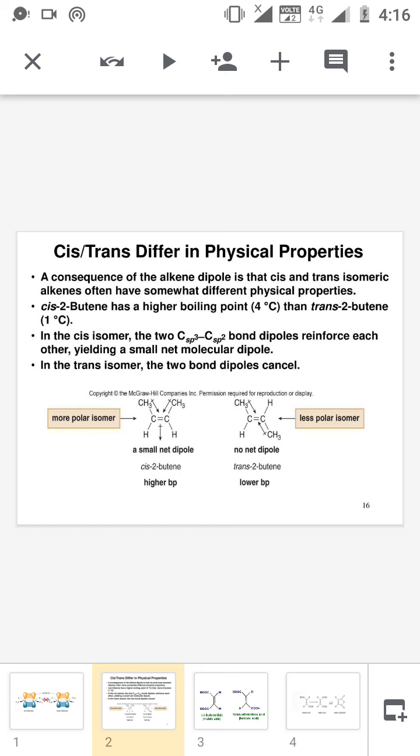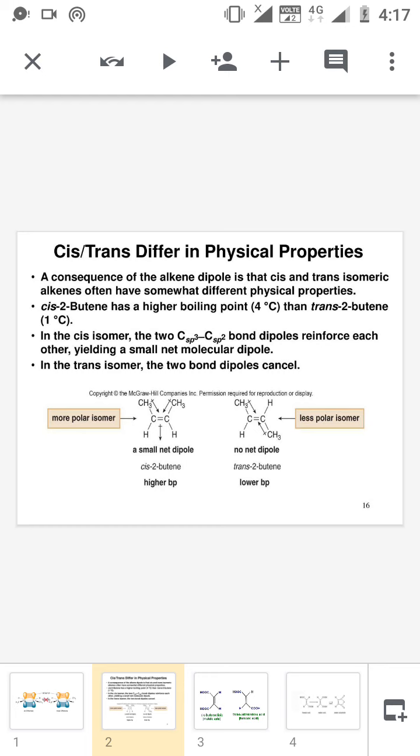Dipole is a vector quantity, so it is represented as an arrow. So in the cis isomer there is a resultant dipole moment, whereas in the trans isomer, both the methyl groups are in opposite directions. They mutually cancel, so there is no dipole in the trans. That's why the cis isomer has the higher boiling point.